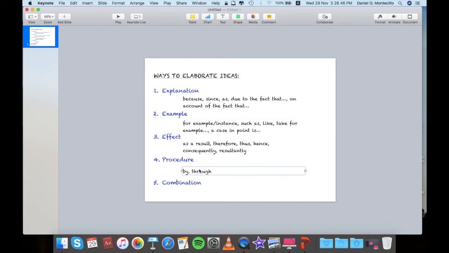But the thing is, we can actually also use them as trigger words, meaning by just using the word by, the idea that would be used followed by the word by is triggered as a result.